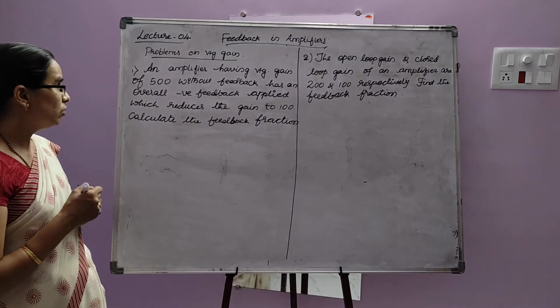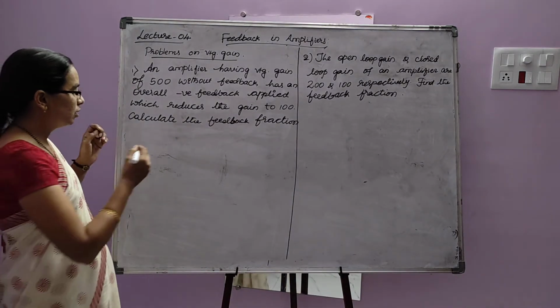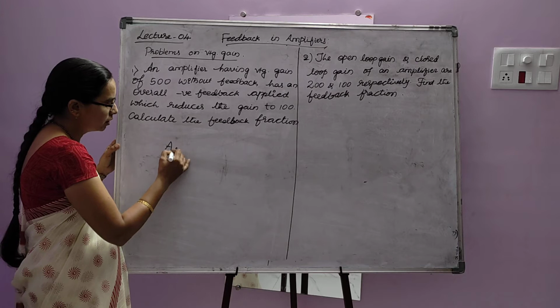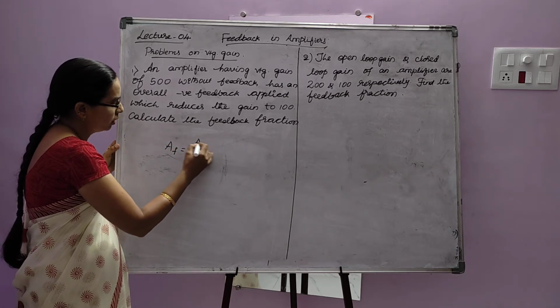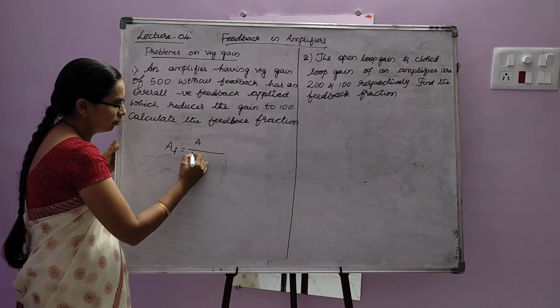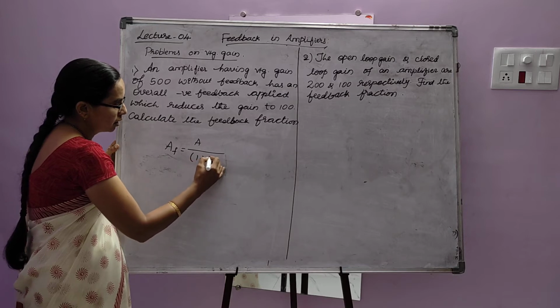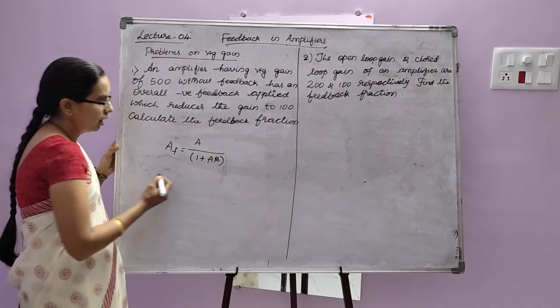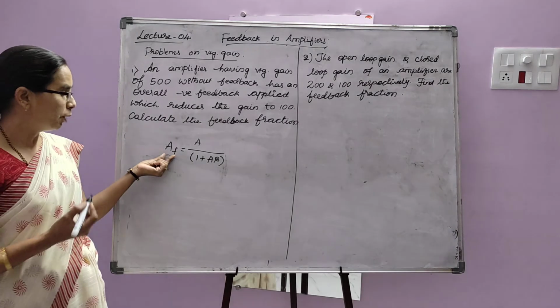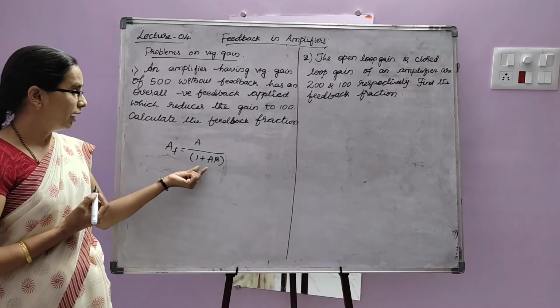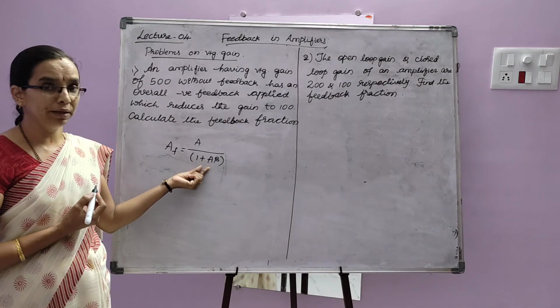Okay. So as we know, the gain with feedback AF is equal to the gain without feedback divided by 1 plus A beta. The gain with feedback reduces by the factor 1 plus A beta.